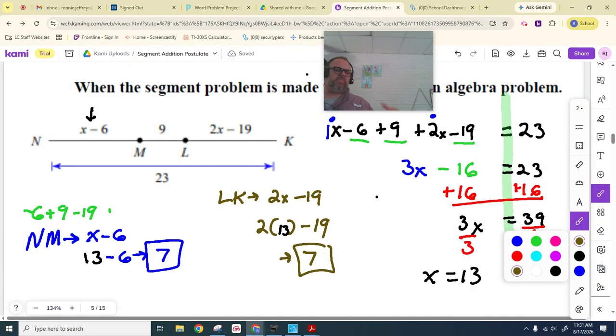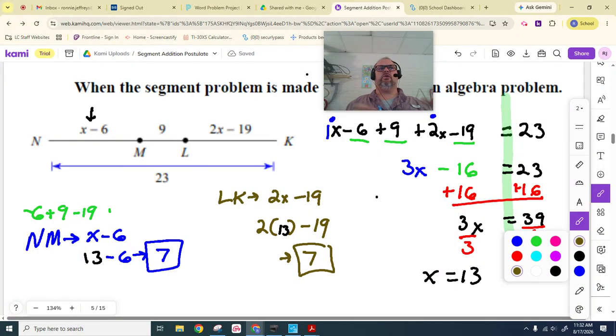Now, if you're not as brushed up as some others on solving equations, no big whoop. Know how to set it up first. All right. Anybody totally lost?